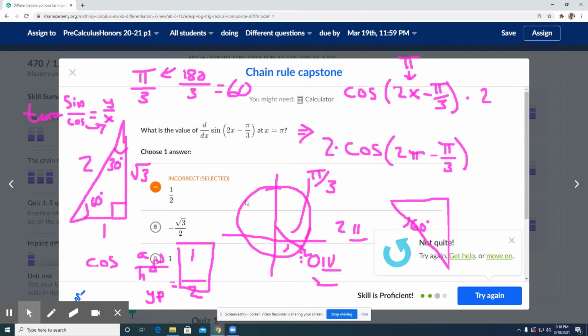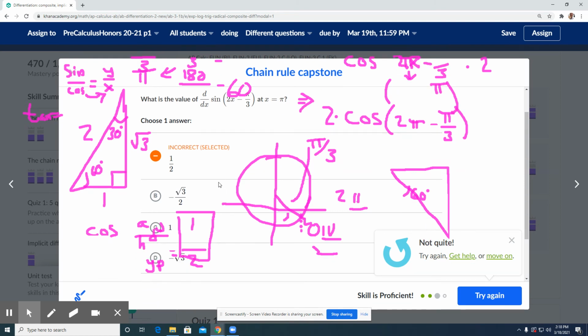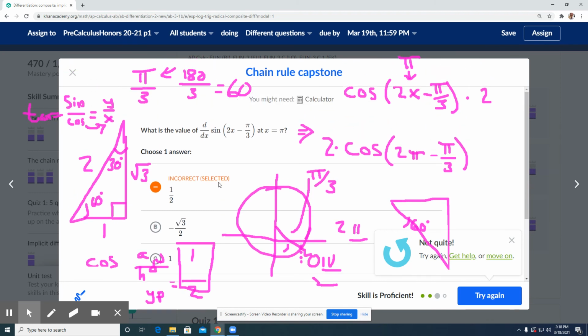Okay. Oh, what happened? Let's see. Darn it. So do you know my mistake? I was so quick to kind of move on from the trig. So what I did is I found cosine of 2 pi minus pi over 3. So what's my mistake? Darn it.